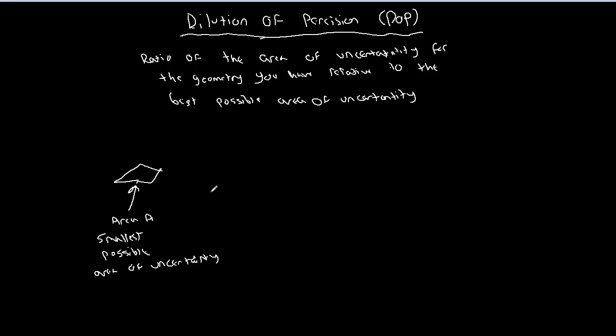And we know this by mathematical formulas and calculations, that given everything we have, this is the best possible case that we could get. So then you're out in the field and you're measuring some data and you get your information from your satellites. And you find out that your area looks something like this. So this would be area B.